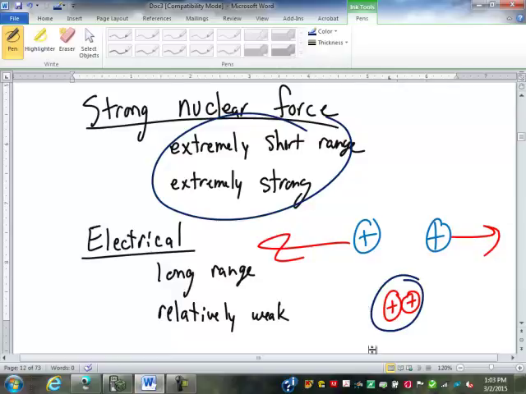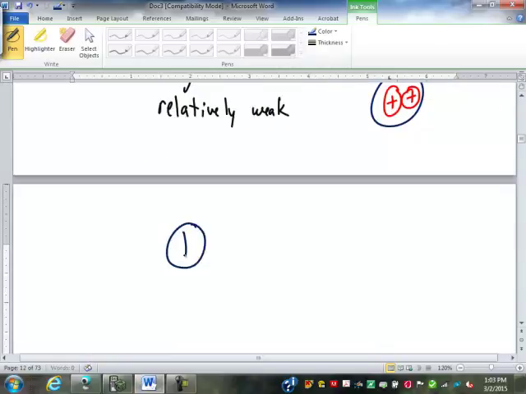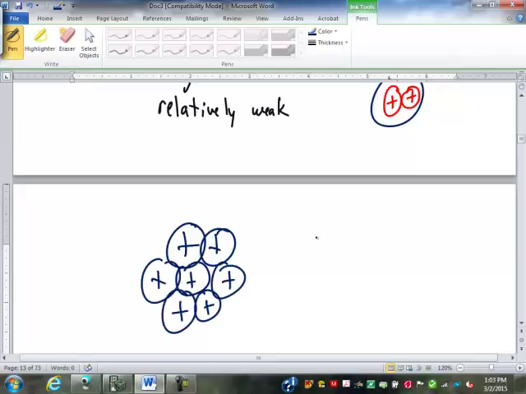Now, when you get a whole bunch of them in a nucleus, you still have that electrical force. This one here is exerting an electrical force pushing all of the other protons away from it, right?